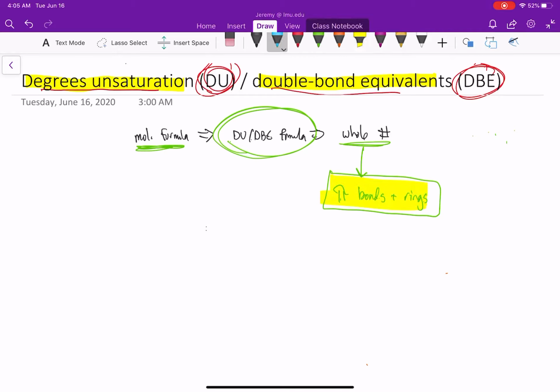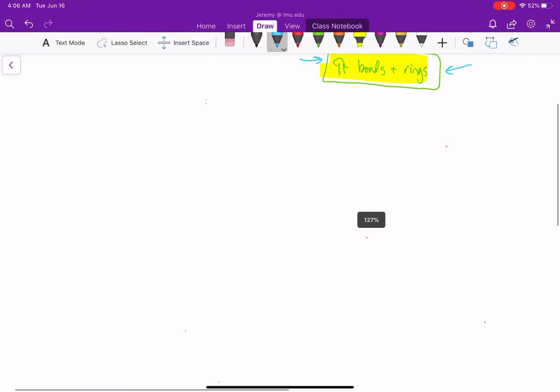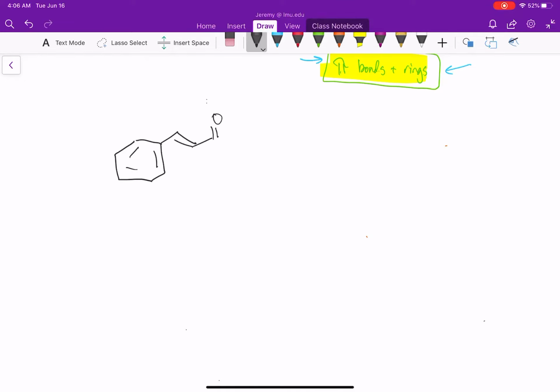Before I give you the formula, let's make sure we understand how to see or calculate how many pi bonds and rings there are. I'm going to draw a few structures to make this clear. If we look at the structure here, I don't need to figure out the formula. I can just look at how many pi bonds and rings we have.